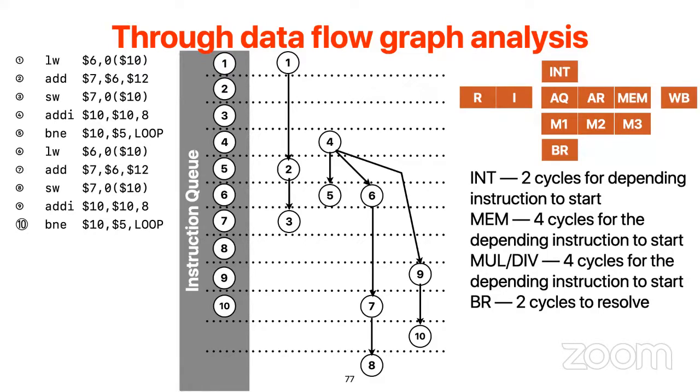So for this example, if you can arrange your data flow graph carefully by making your arrows aligned with the latencies that you need for each instruction, it's not too difficult for you to figure out how many cycles it needs to empty your issue queue.